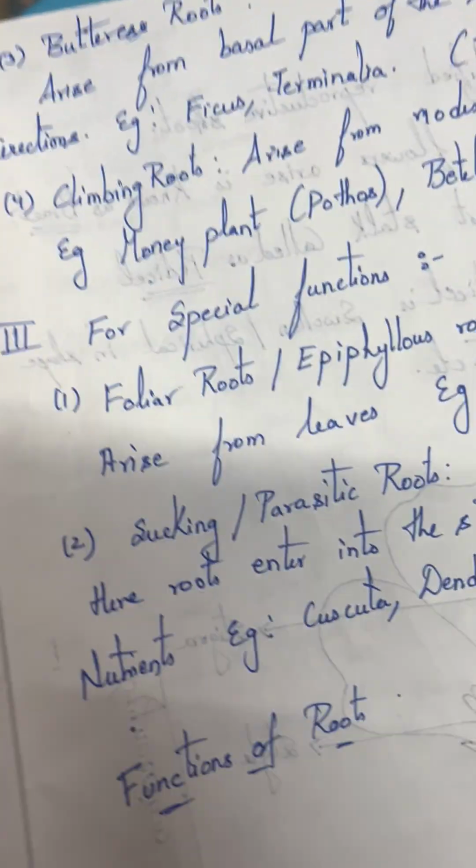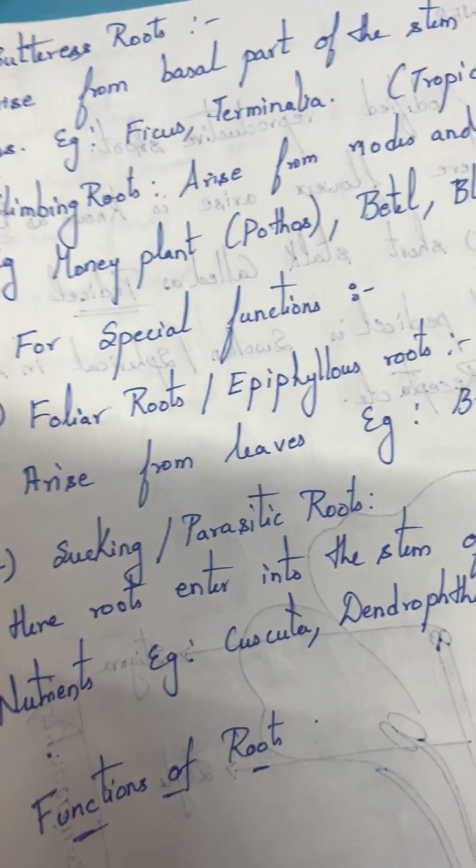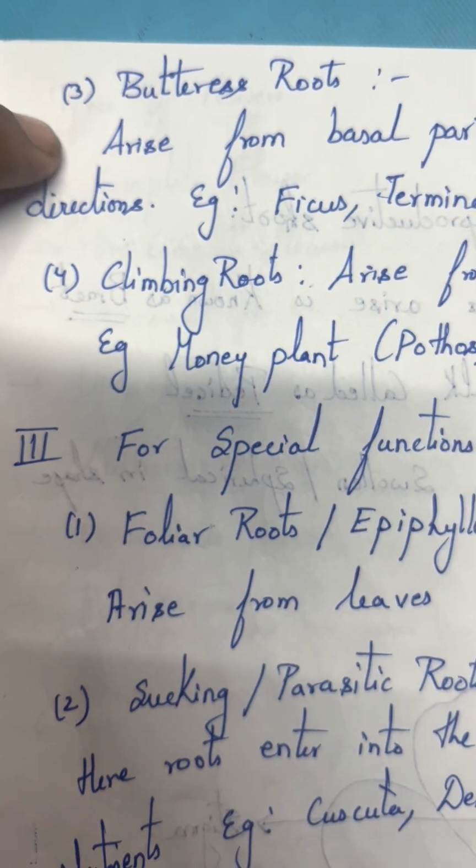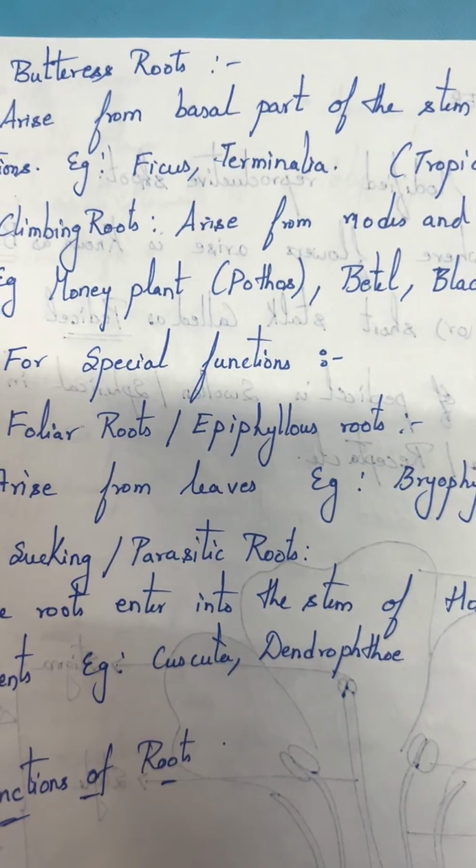Next category is buttress roots. Buttress roots arise from the basal part of the stem.